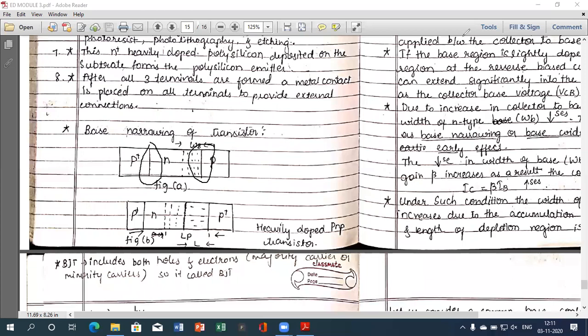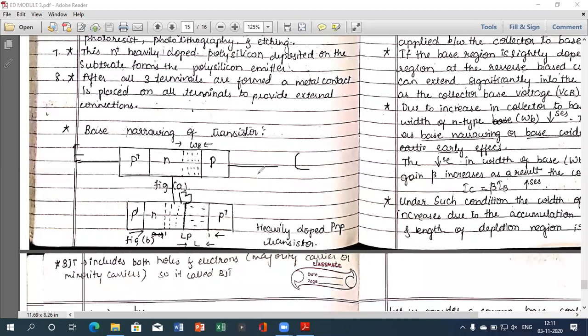Now, to understand base narrowing of a transistor, first I call this the emitter terminal. This I call the collector terminal, and this is the base terminal. So emitter, collector, and base. Now I can say that this is a common base configuration.